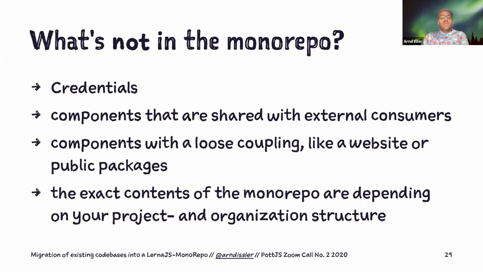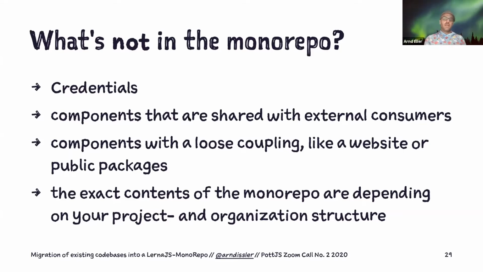What's part of your MonoRepo depends on your company's and project's culture and structure. So there are different MonoRepo types. For example, all packages that you are using to create a product, like an authentication library, or maybe Gatsby or Babel, have one product in the end, which you can use.